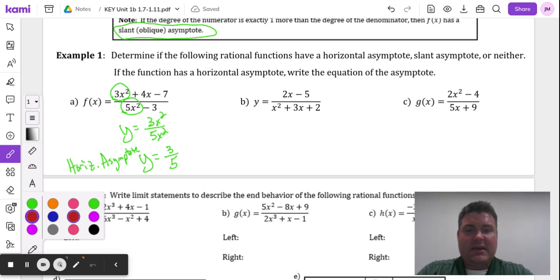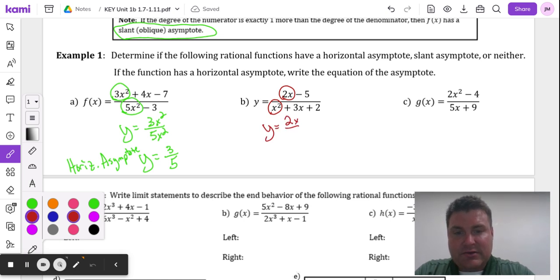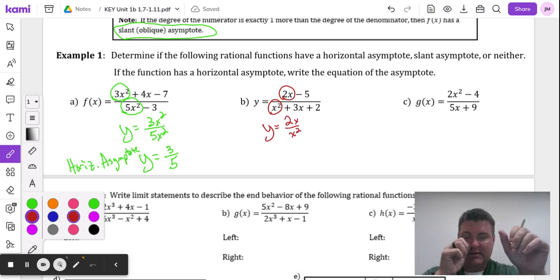We have 2x minus 5 on top and x squared plus 3x plus 2 on the bottom. My leading power on top is 2x, and my leading power on the bottom is x squared. You can write it as 2x over x squared to isolate just the powers.